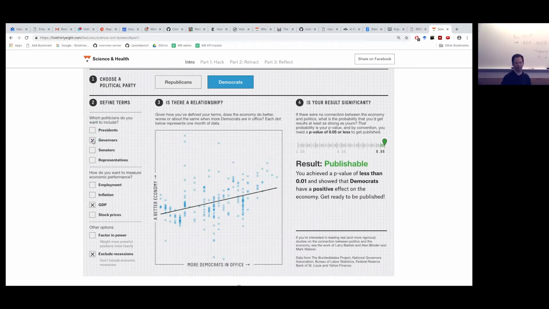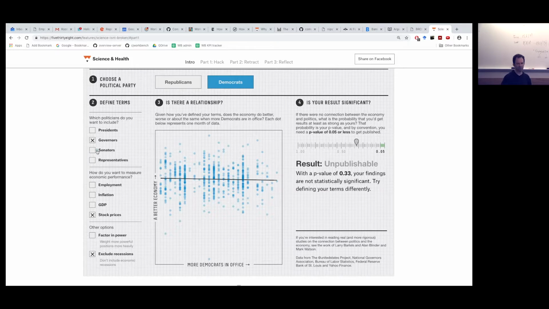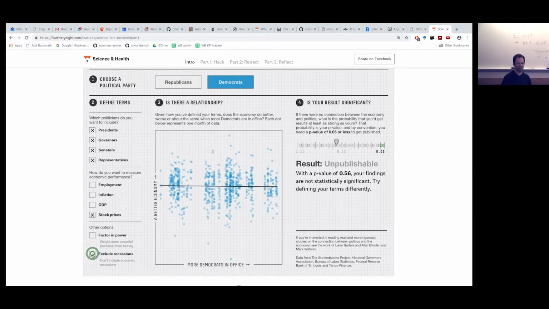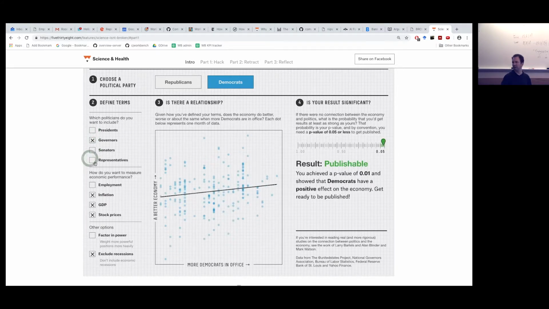Look at that, we got a p-value smaller than 0.05. If we measure stock prices and governors, no. If we measure everybody, and so on, you can see how this works, right? Whether we include or exclude recessions, you can always find a combination that gives you a low p-value. Again, this is the problem of translating words into numbers. This is known as the garden of forking paths, meaning that if you change your data analysis, you can get a different significance level.